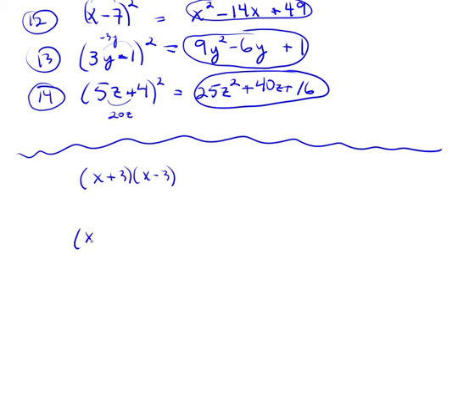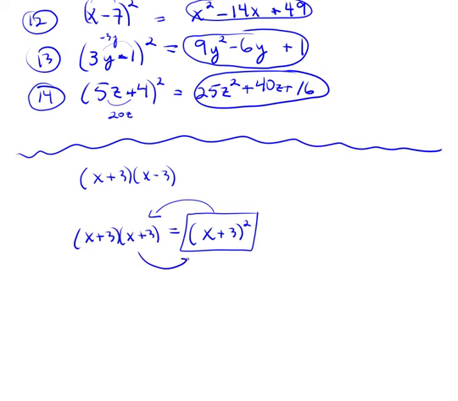Because if I have x plus 3 times x plus 3, I can write that as x plus 3 squared. See how we're going the other direction. Usually we start here with the squared, but we can go the other direction too. So depending upon what we need mathematically, we can go one way or the other. Now, some people think, can't we just put those together?